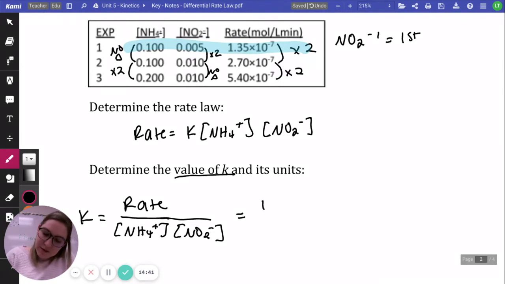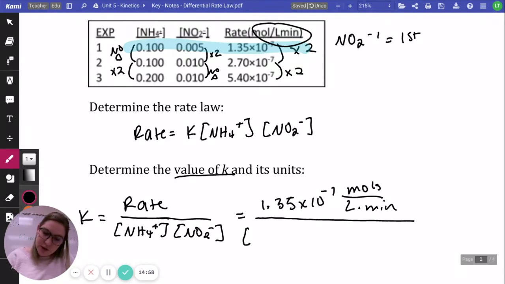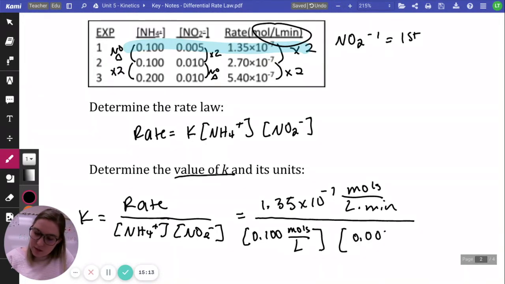All right, so our rate is going to be 1.35 times 10 to the -7th, and that is in units of moles per liter per minute, divided by our concentration of ammonia, which is 0.100, and that is in moles per liter, so we have molarity, times our concentration of NO2, and that is 0.005 moles per liter.